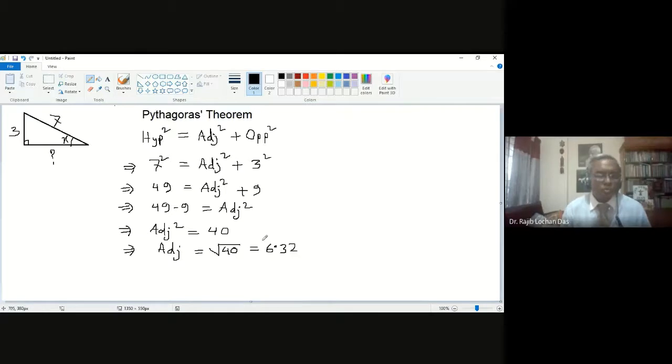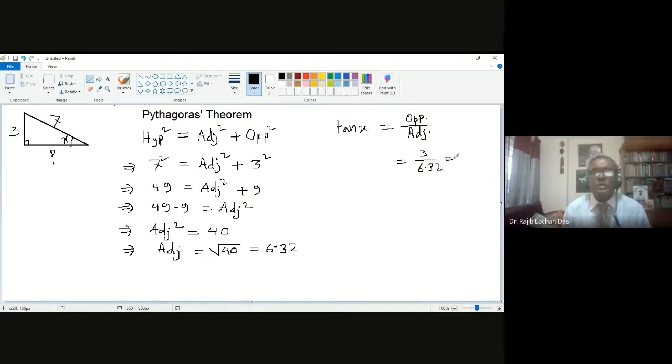So if you know this is the adjacent length, then you can find out tan x. What is tan x? According to the formula, that will be opposite divided by adjacent. So we put now opposite 3, adjacent 6.32.